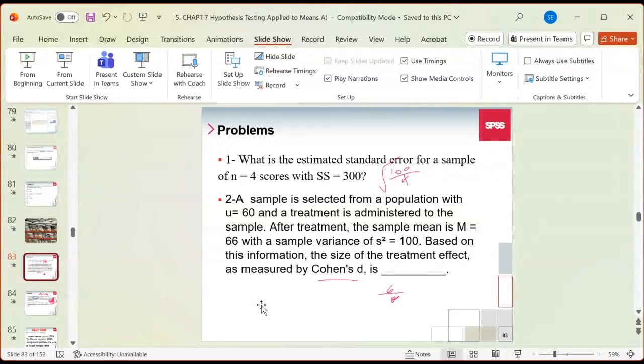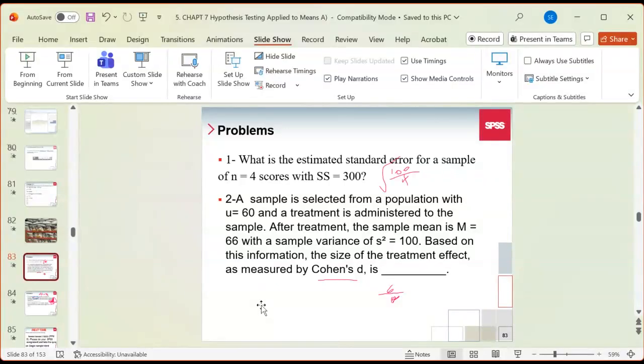Number 5. Always look at your problem and see what they're asking you. They're asking, what is the estimated standard error? If you look at that slide that I showed you, it has all the formulas.